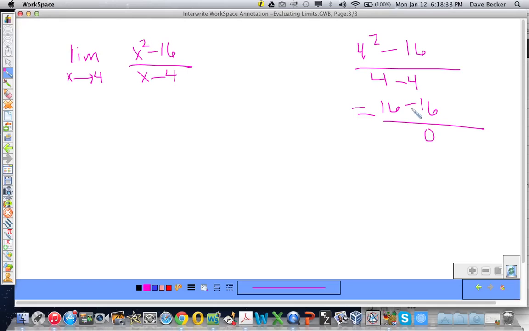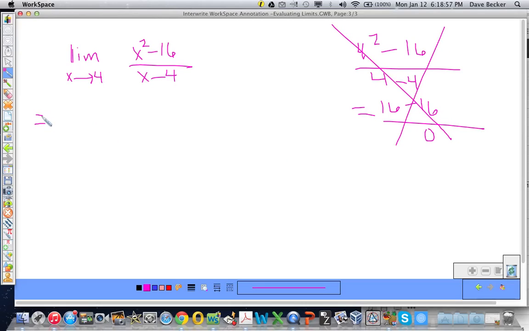The 0 in the numerator doesn't matter, but 0 in the denominator is dividing by 0, which is not possible. So the function would be undefined when x equals 4, because you can't divide by 0. So we have to do a little bit of algebra.